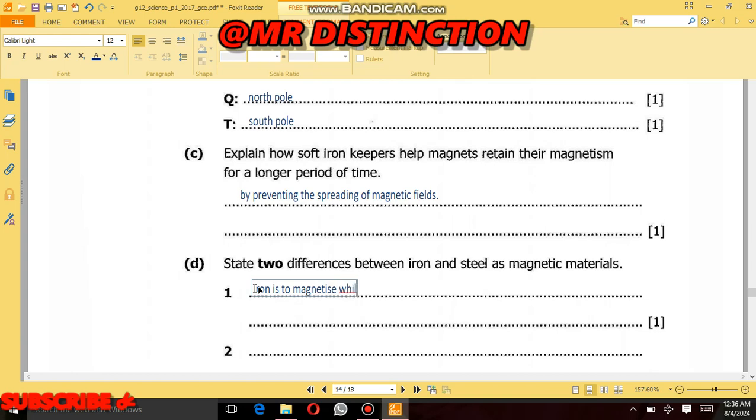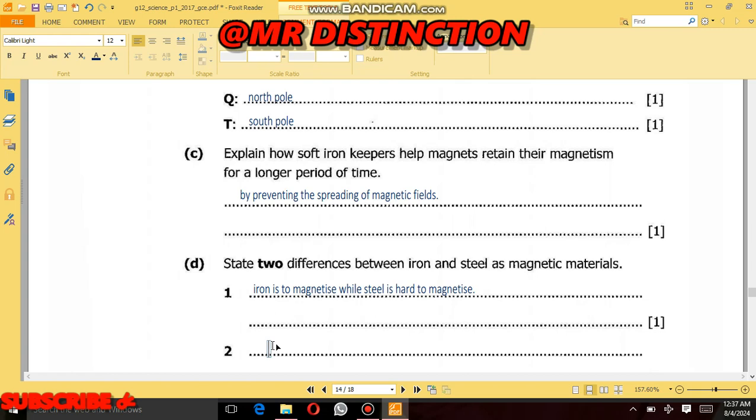But steel is hard to magnetize. Then the second difference, because we are told we have to give two differences.